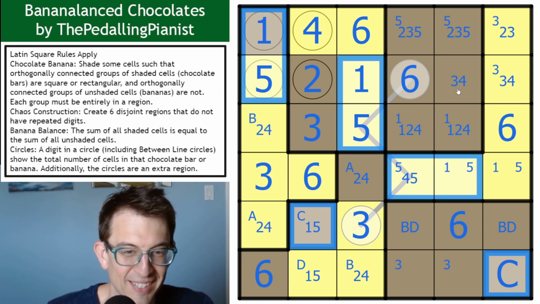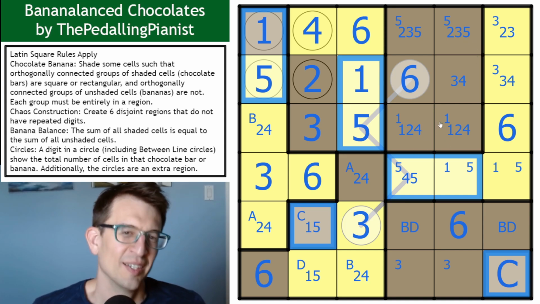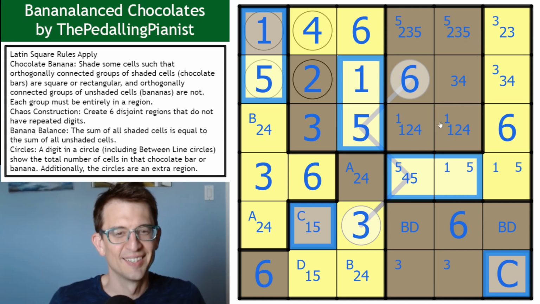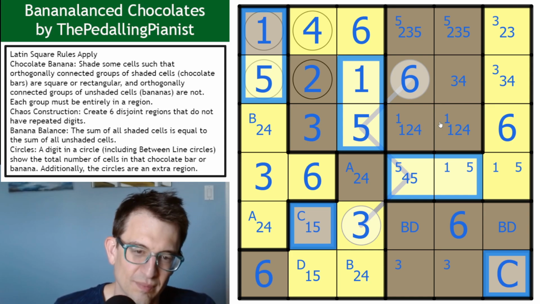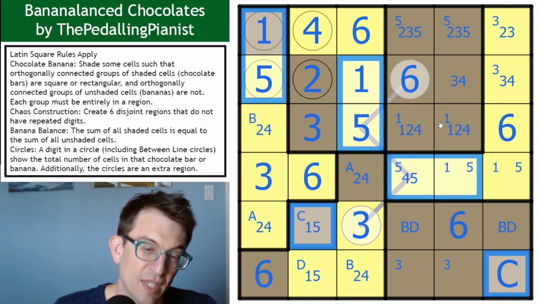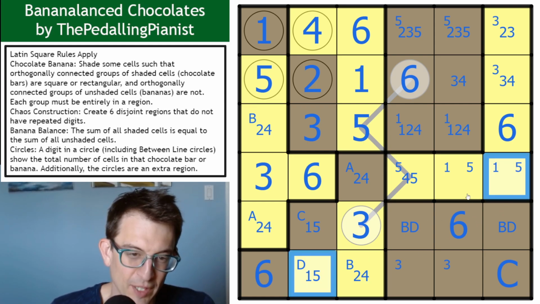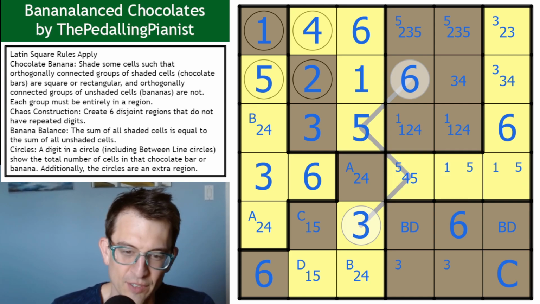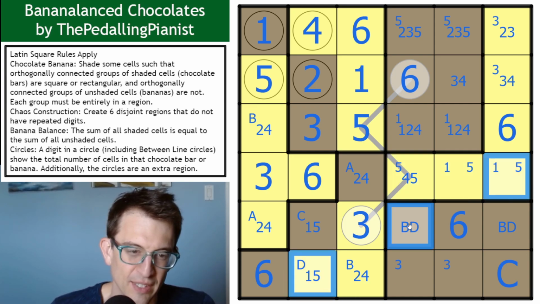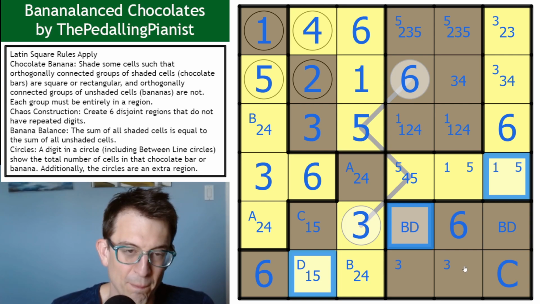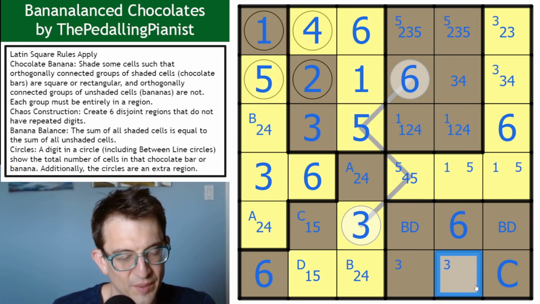Well, not this one, I guess. If this could not be D for some reason, that would be really helpful because it would force 1 and 5 over here. So let's just think about what happens if that's D. We get that's D. But I think that's the end of that line. Okay, so that's possible.